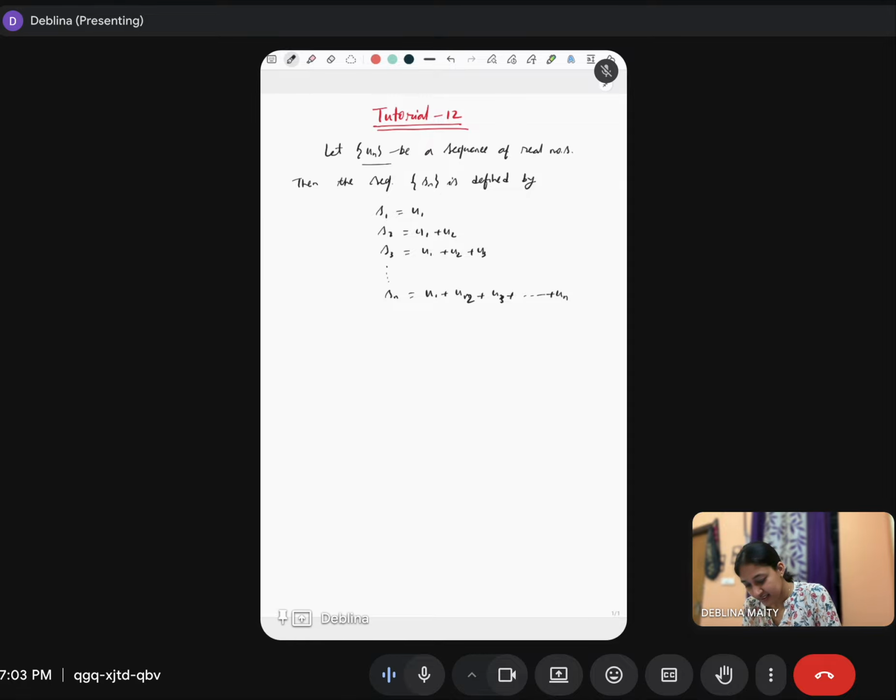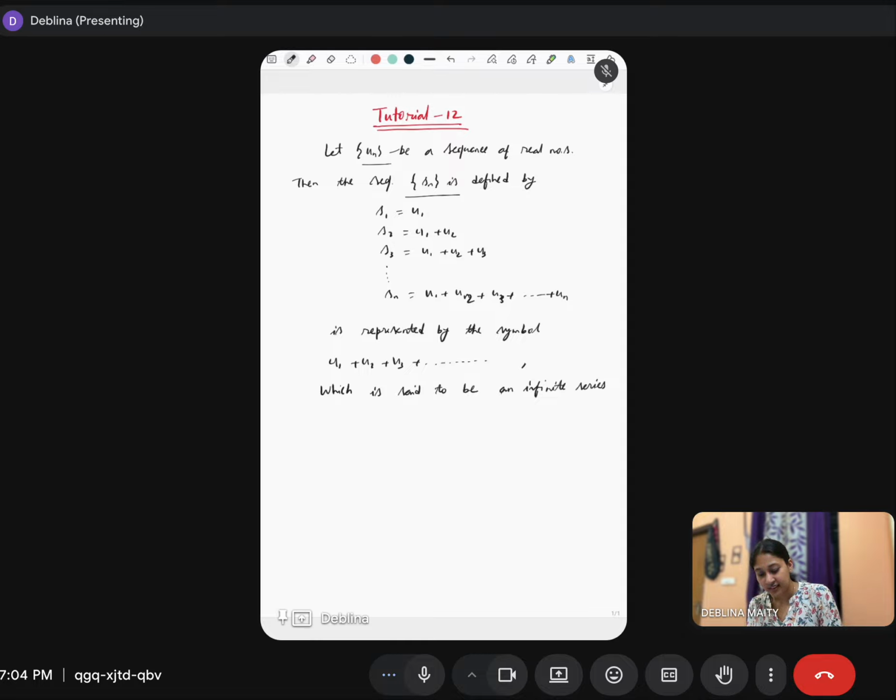So this sequence is represented by the symbol U1 plus U2 plus U3 to infinity, and this series is said to be an infinite series.